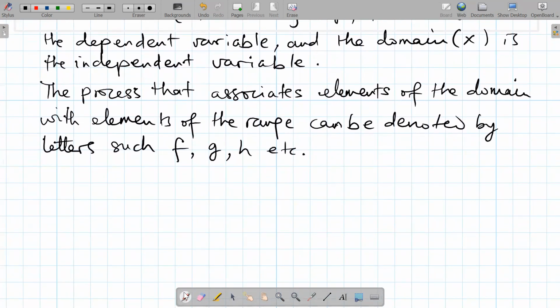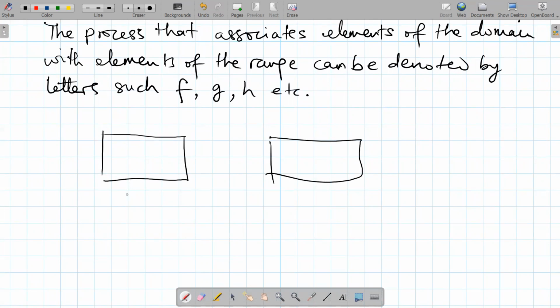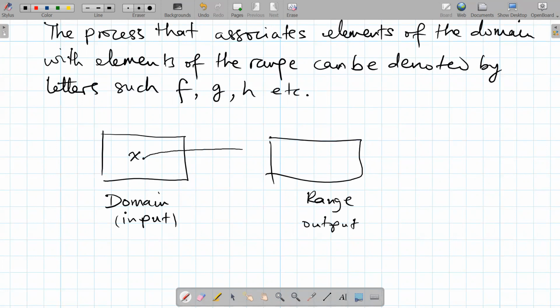And so by way of a sketch, if I have something like this, this being my input, or better still, the domain, that being my range, or the output, assuming that I have this element which is X in my domain, which has to map by a process F. So this process, or this letter, takes this element of the domain and maps it to an element here.